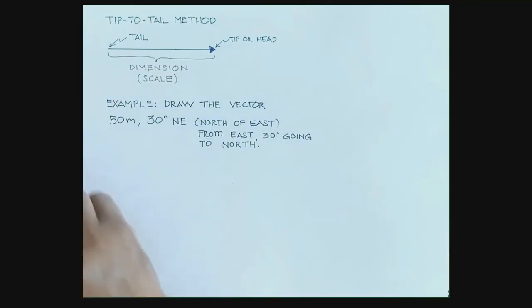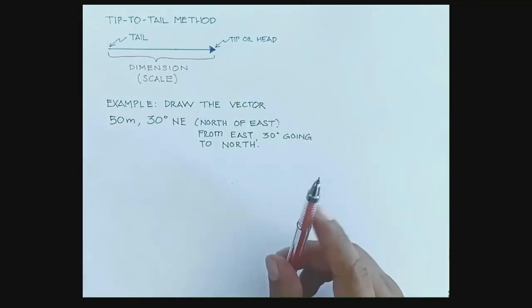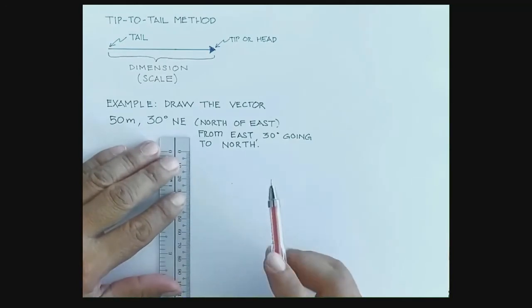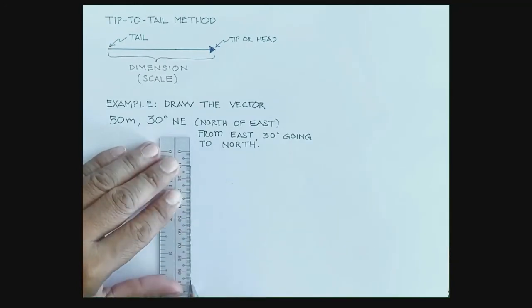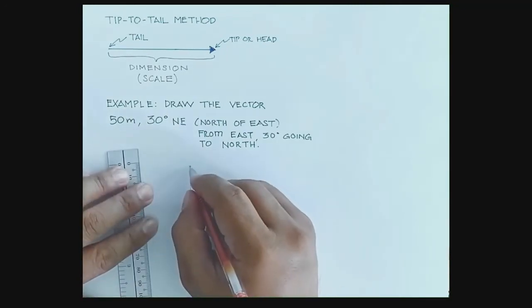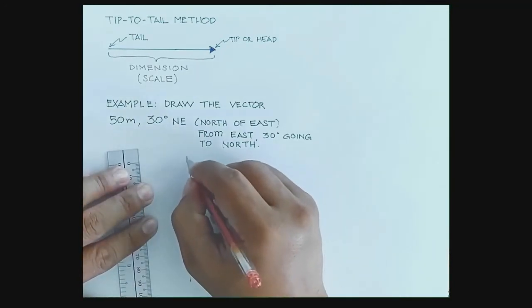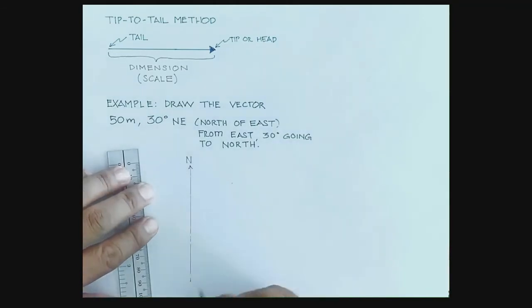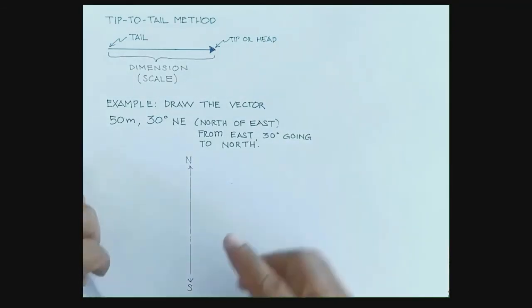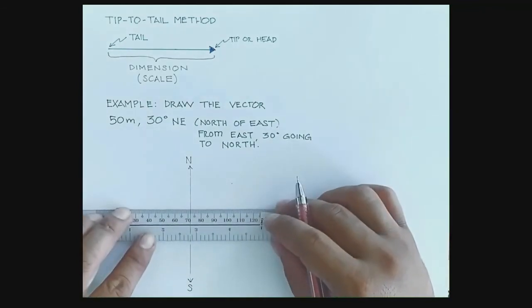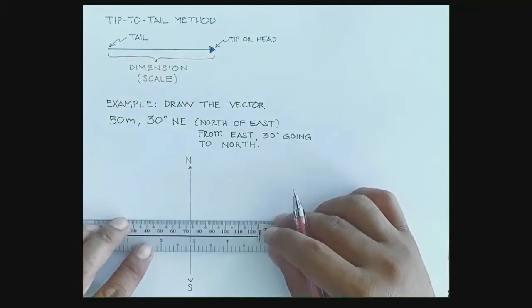We will be drawing first the orientation lines. We have the y-axis, and on top of the y-axis will be our north, that's also positive y, and below is our south, negative y, and we'll find the center.